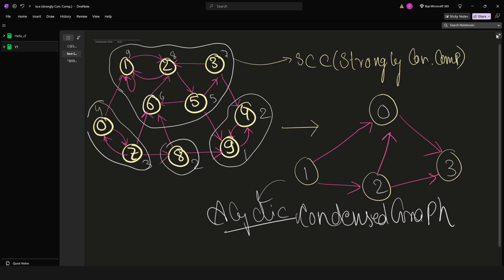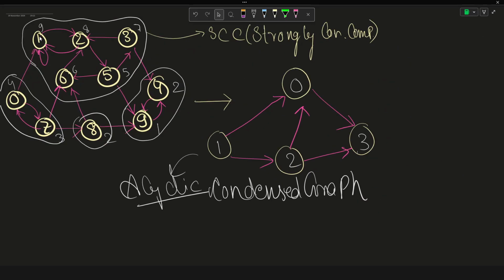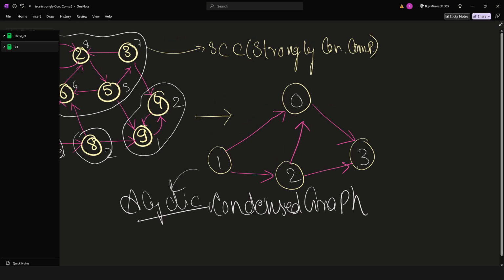So I will give 1 2 3 5 6 a common ID, say 0. Similarly for this component there are 2 elements, 0 and 7. So I will give these 2 elements another ID, say 1. Similarly for this 2, similarly for this 3, right?